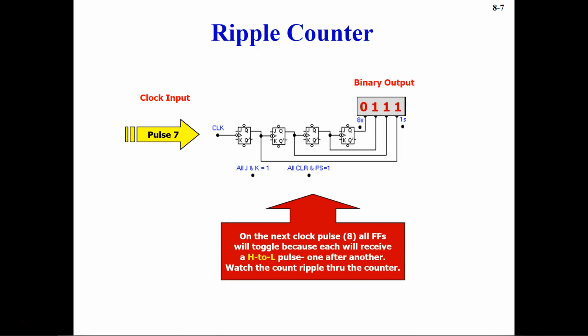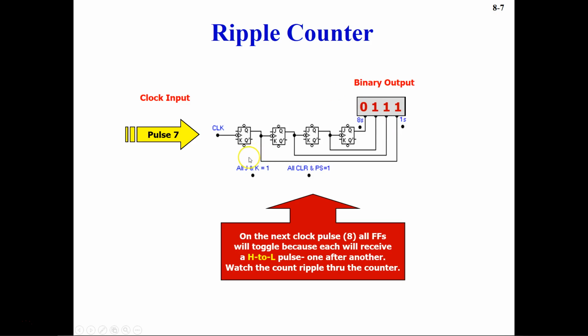So now on the next clock pulse, which will be 8, all flip-flops will toggle because each will receive a high to low pulse one after another, as the pulse ripples through the counter. So after this state, this is the very special stage: all these 3 ones are going to toggle to zeros, whereas this fourth one will toggle to 1.